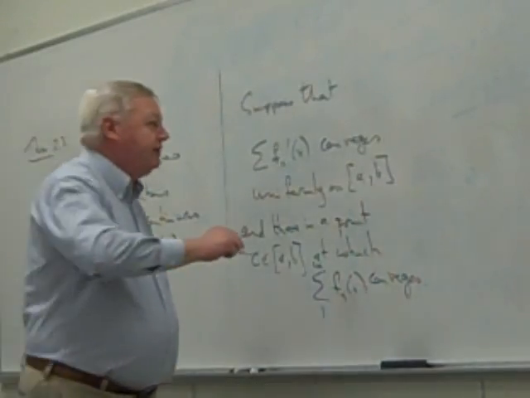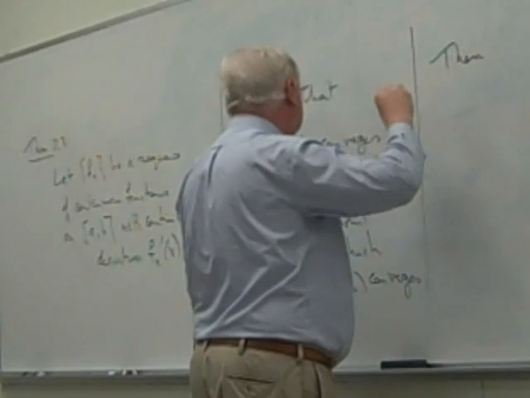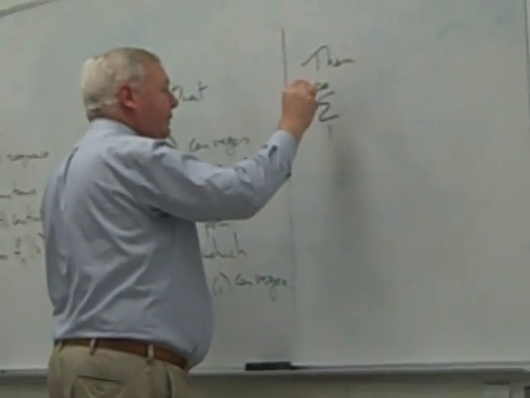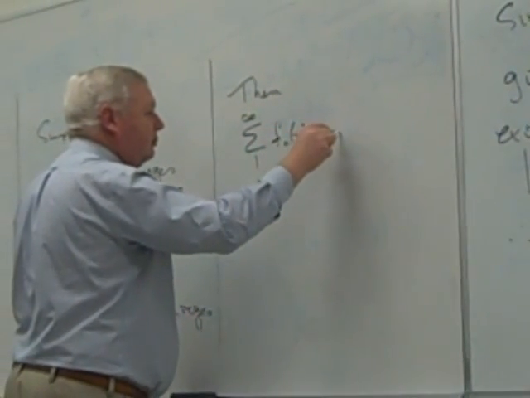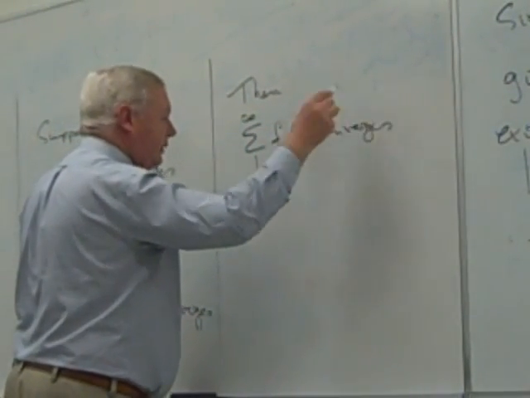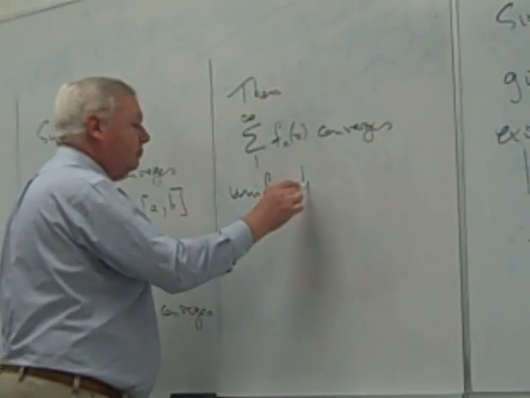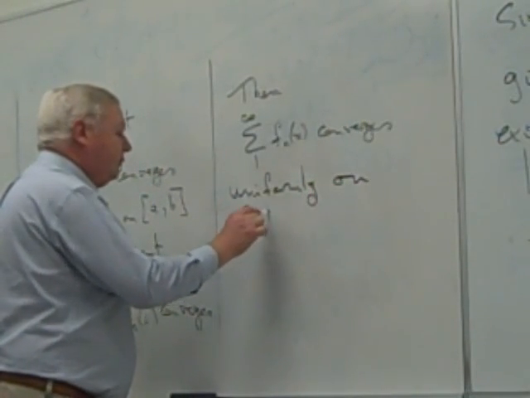Well, the conclusion is that the original series converges uniformly on the closed interval [a, b].